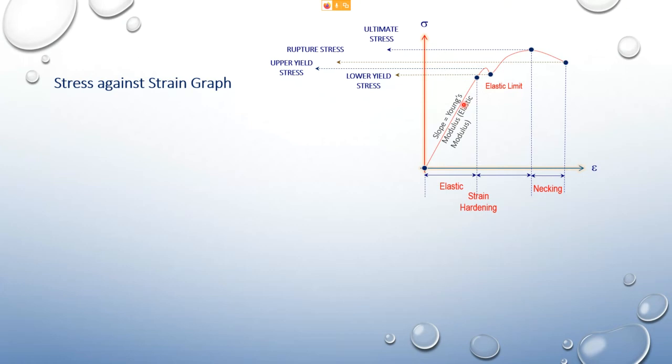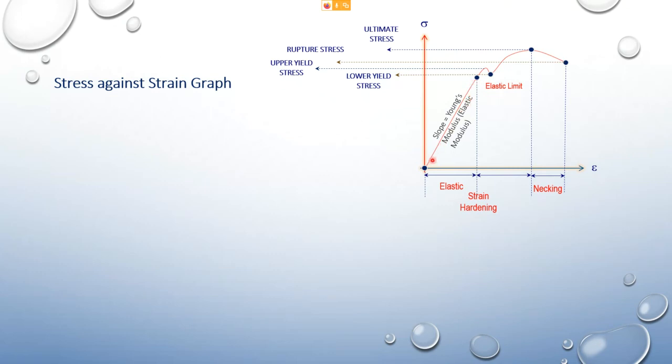That means this E value will remain the same, even though you apply different forces, or when this material is subjected to a different amount of deformation, until it touches this point. So the E is a constant for a particular material.